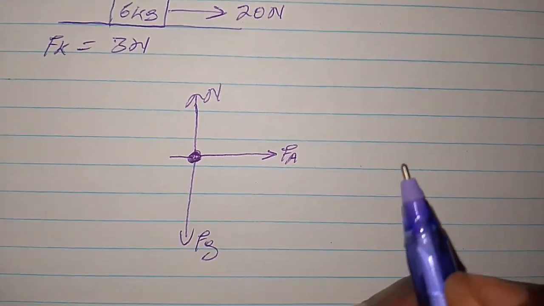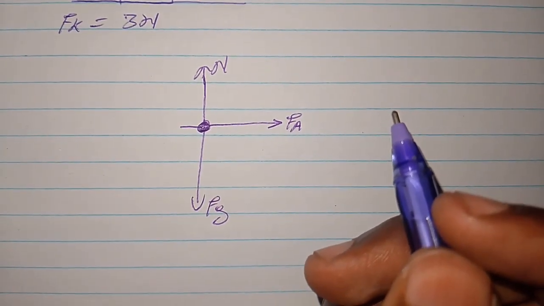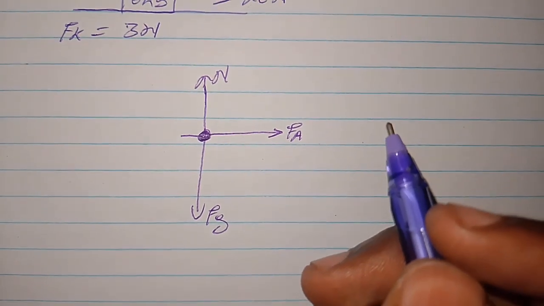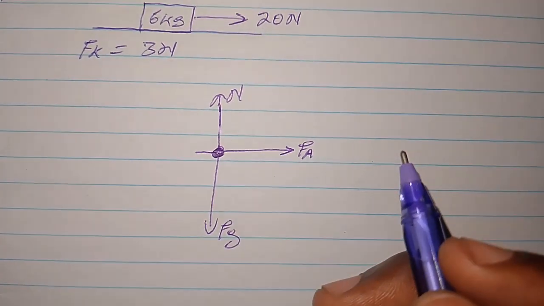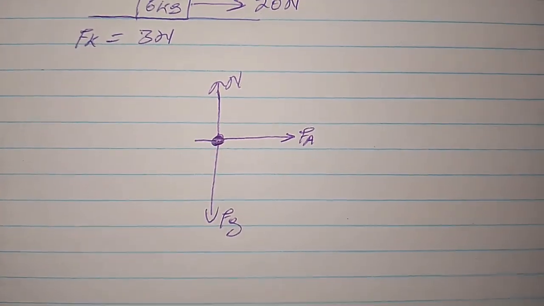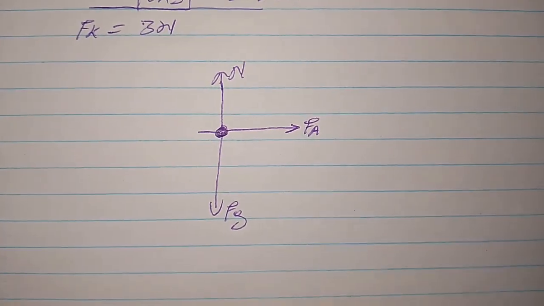And then we have a frictional force. How do we indicate our frictional force on a free body diagram? We first check where the object is moving, the direction of the object. So the object is moving to the right.